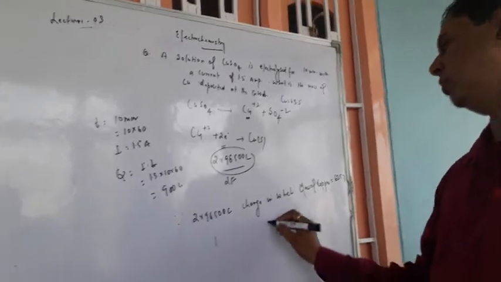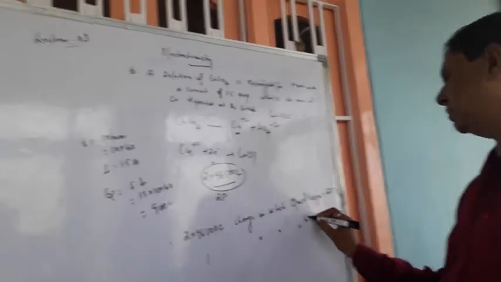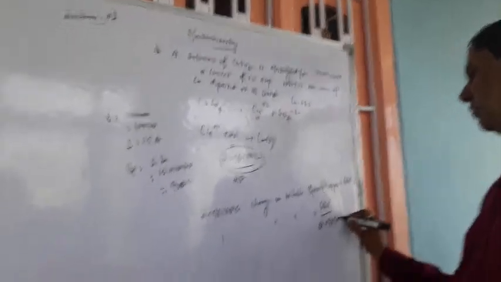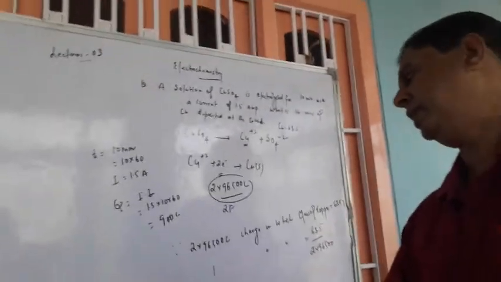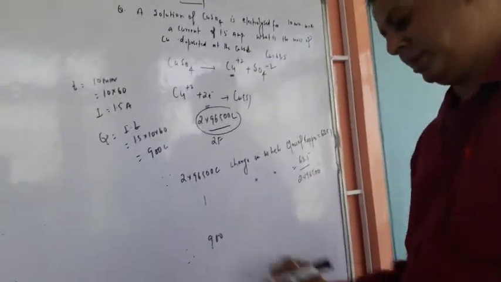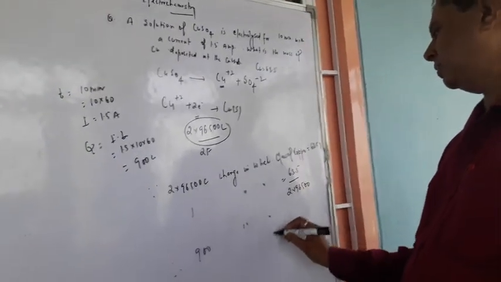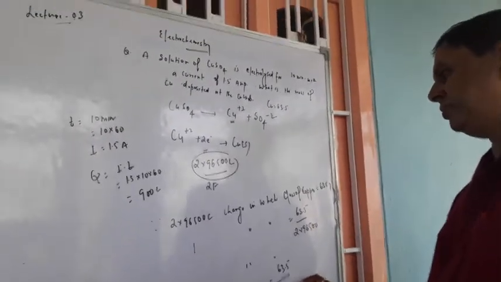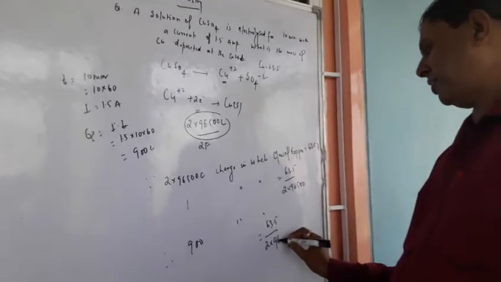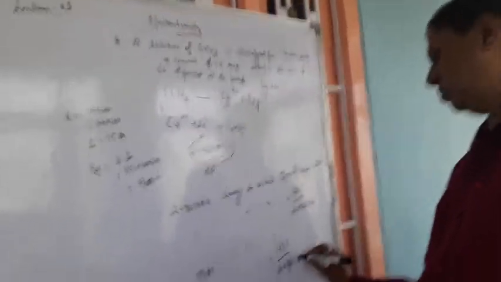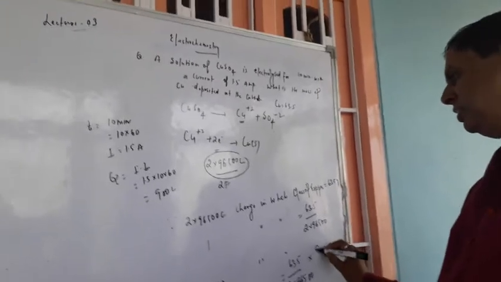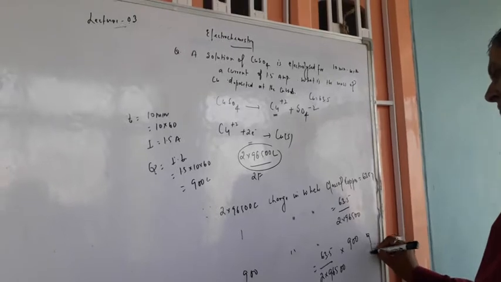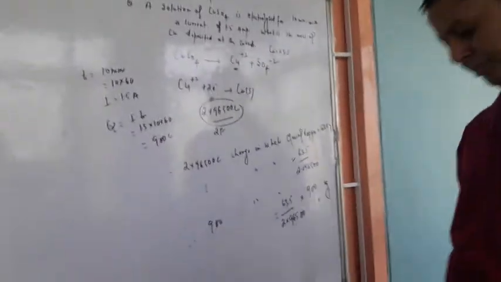So at 1 Coulomb, the mass is 63.5 divided by 2 into 96,500. When the charge supplied is 900 Coulomb, the mass is 63.5 by 2 into 96,500, into 900. Now, this is the answer.